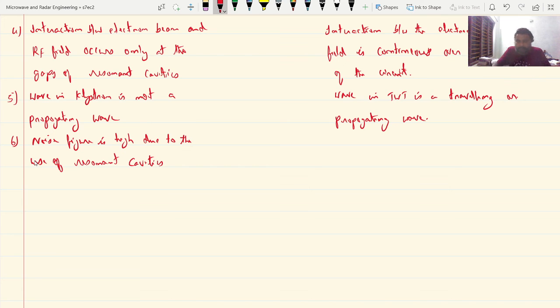Here the noise figure is low as it is non-resonant.